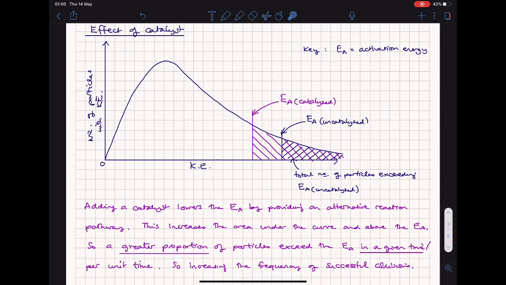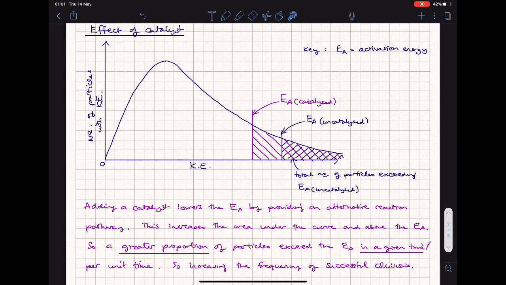So in any given time, there's only a smaller batch of particles with enough energy to react. So every second there'll be a smaller batch of particles that can react. If I have a catalyzed reaction, every second there'll be a greater proportion of particles that can exceed the activation energy and react. So those particles will convert at a much faster rate into the products.